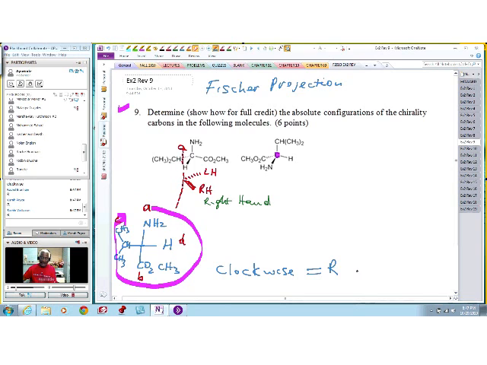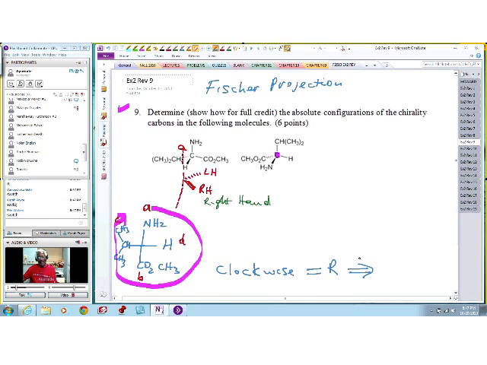However, what do we need to do here? Because the group of lowest priority, which is hydrogen here, is coming at you, keep in mind in your Fischer projection, the horizontal groups are assumed to be coming at you.